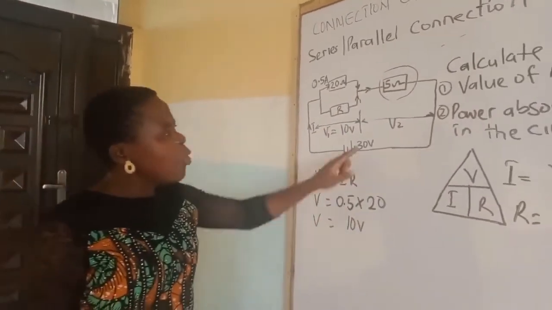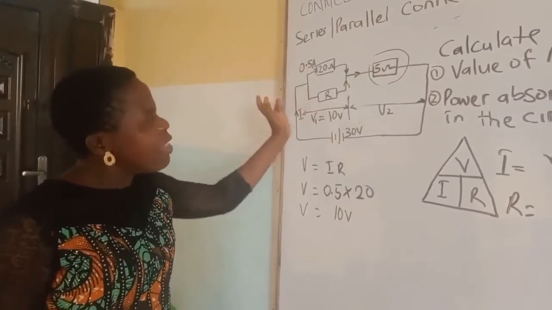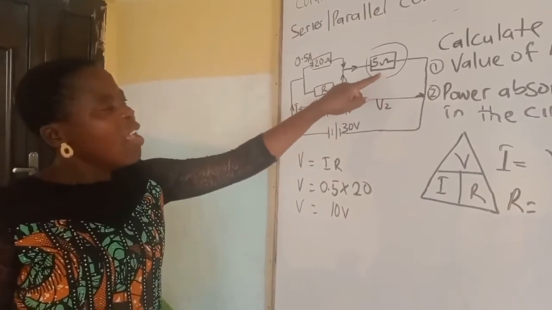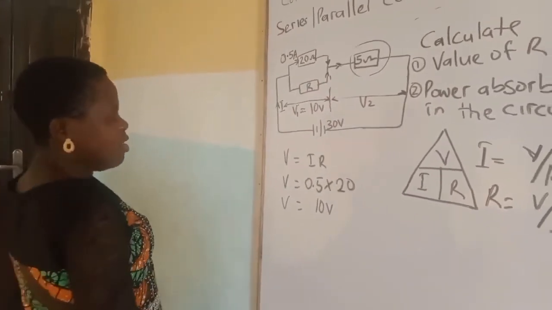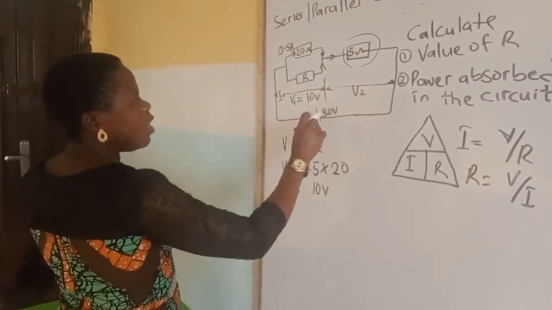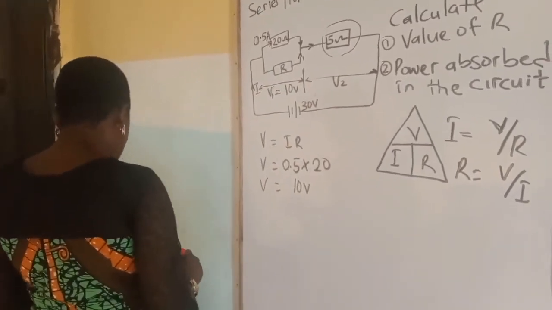So whatever voltage and current we are able to calculate across this resistor is the total that is coming here. So it is easier for us to calculate the current across here, showing that that is the total current across the circuit. So because of that, we are going to use this value to calculate the current across it.